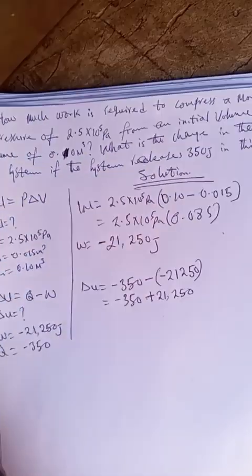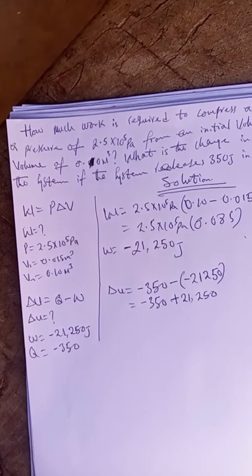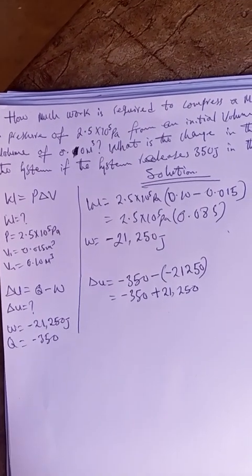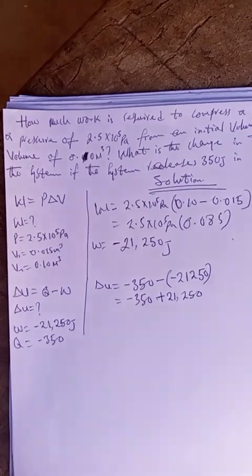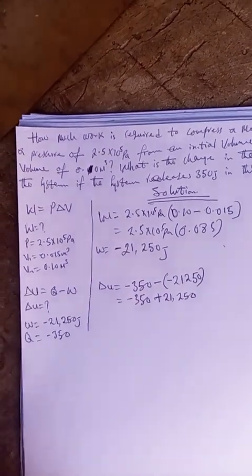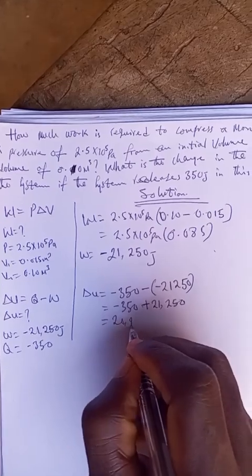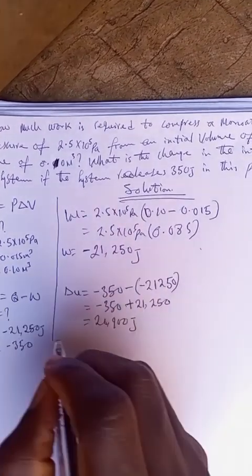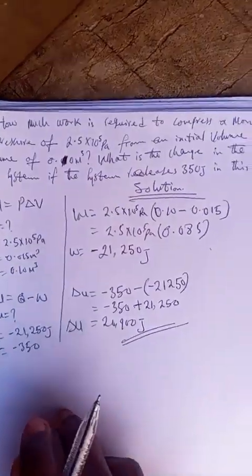Let's press the calculator for this. Minus 350 plus 21,250 joules, and we are going to have 20,900 joules for our internal energy. So this is the final answer.